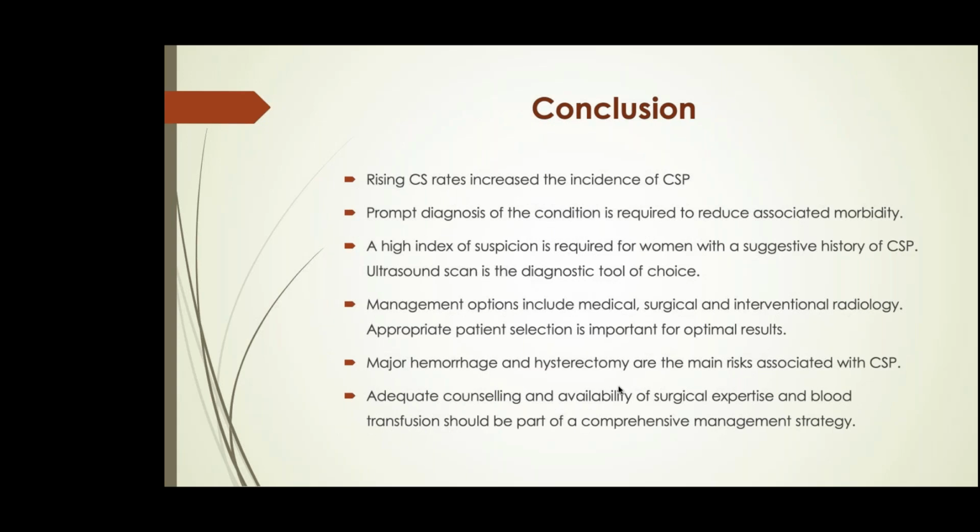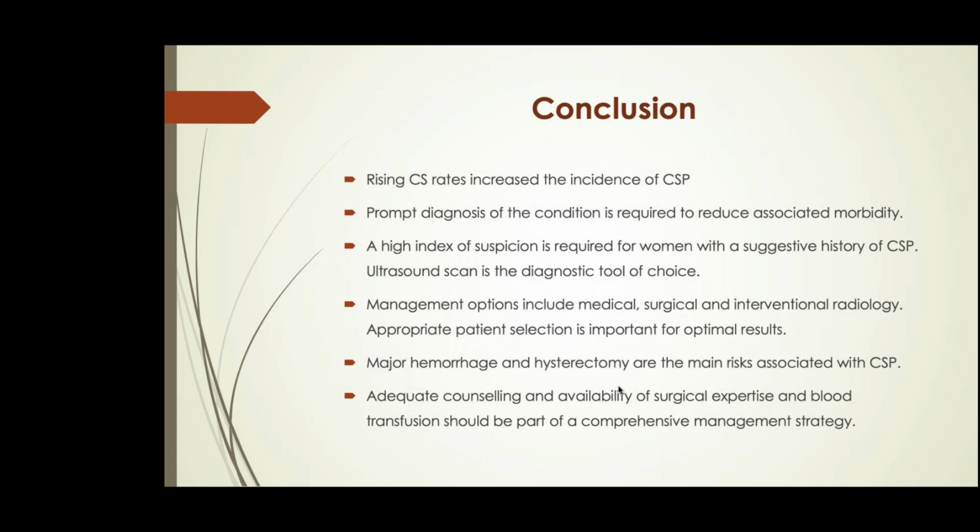So in conclusion, rising C-section rates increase the incidence of scar pregnancy. Prompt diagnosis of the condition is required to reduce associated morbidity. A high index of suspicion, you have to think about it all the time, is required for women with a suggestive history of scar pregnancy. Ultrasound scan is the diagnostic tool of choice.